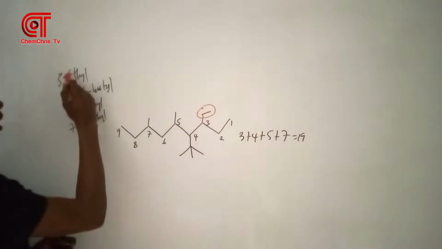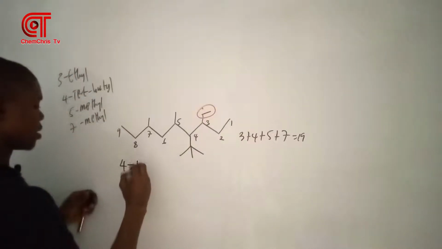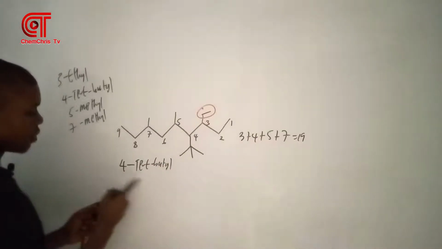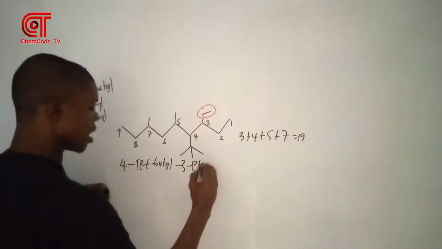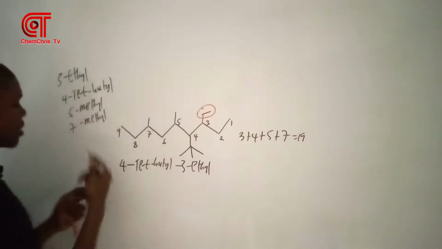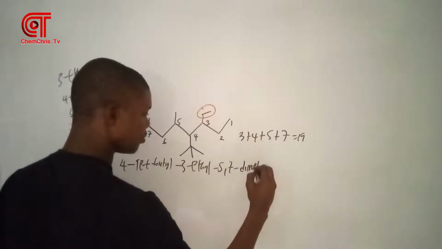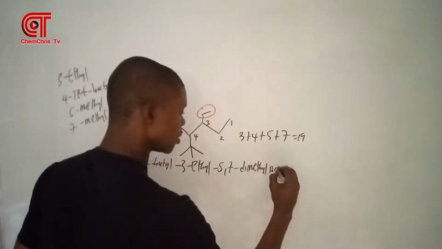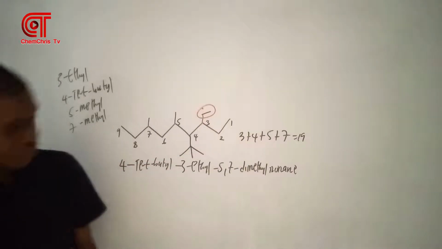B will come before E and E will come before M. So let it be 4-tert-butyl, right? 4-tert-butyl. Then here we have 3-ethyl. Then these two will combine together because they are both ethyl, so it's going to be 5,7-diethyl, then nonane. So this is the full name of this compound here, right?